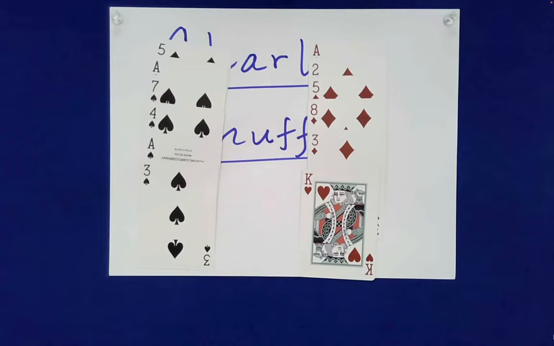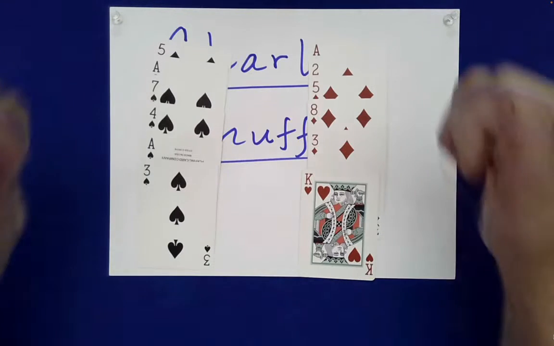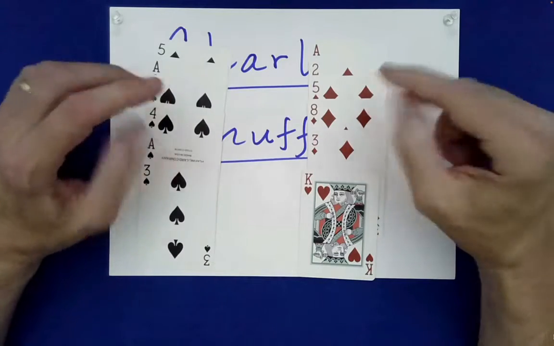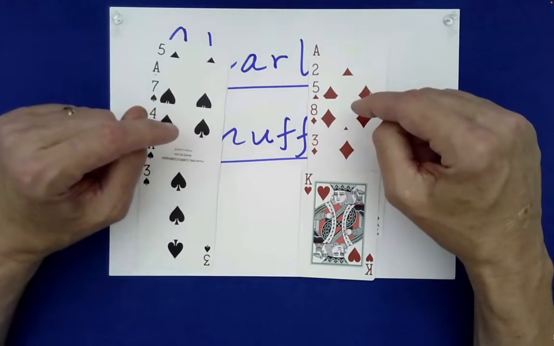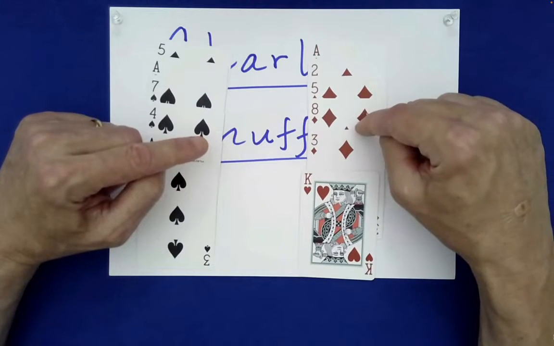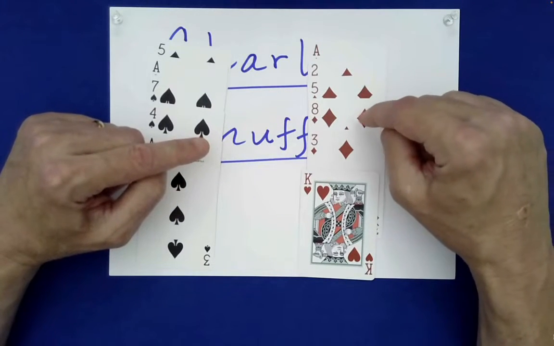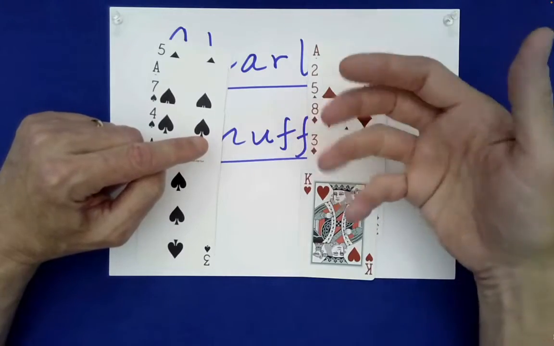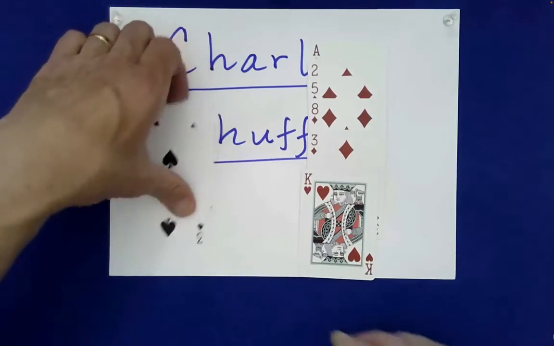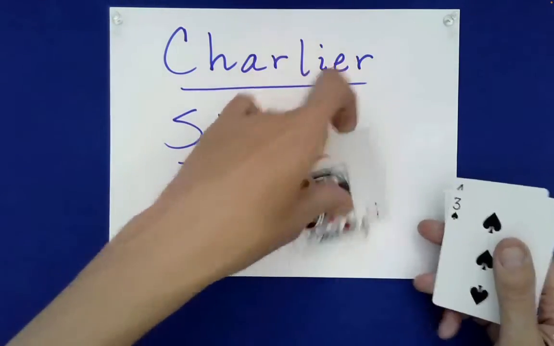Also, if you think about it further, if we happen to have peeked at the color of the bottom card before we did this left-right shuffle, we would know which card we would finish with over here. So there apparently was a red card at the very bottom after the Charlier shuffle. If you take a little peek, let me show you a few ways of doing that.